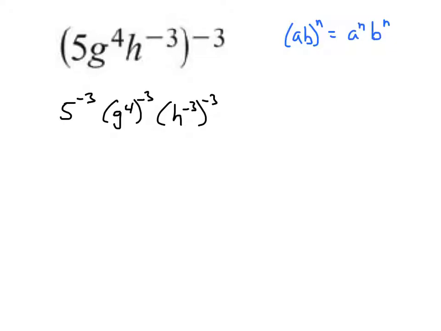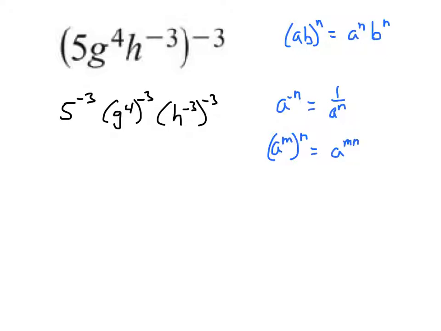So, my next step, I would probably go through and do 2 rules in one step. I would use the rule that a to the negative n power is 1 over a to the n power. And I would use the rule that says a to the m power raised to the n power is a to the mn power.